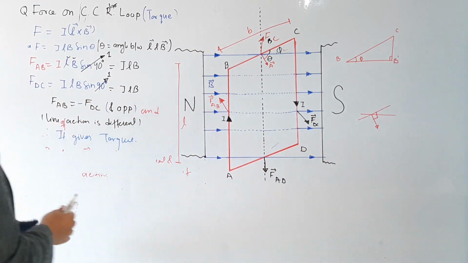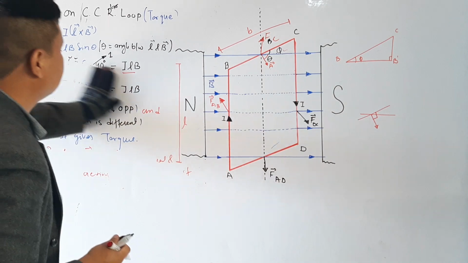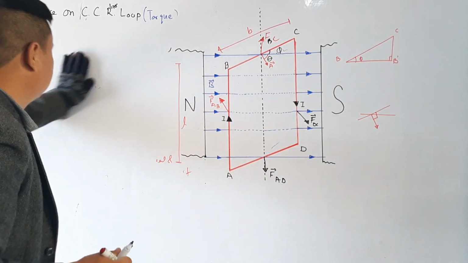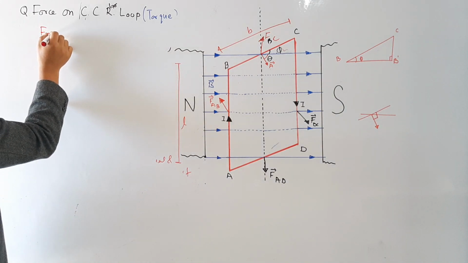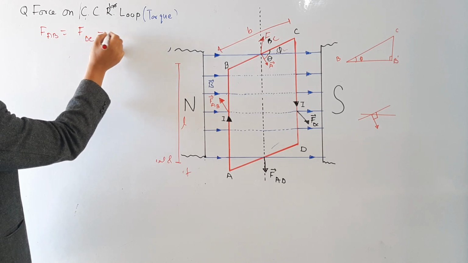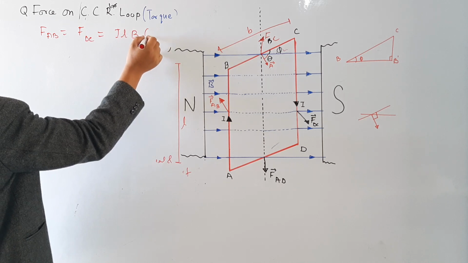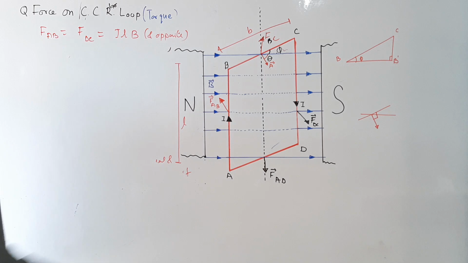So how much is the force we got? The force is ILB, isn't it? Because both the forces are equal. Okay. So force, we got force AB is equal to force DC, which is equal to ILB and opposite. Okay, and it will give a torque.